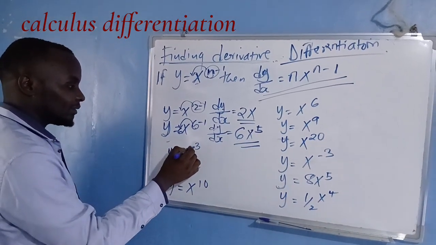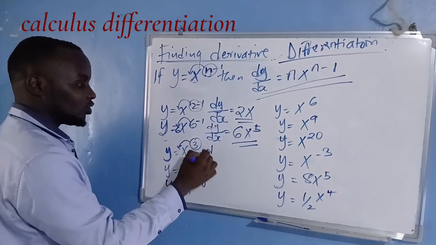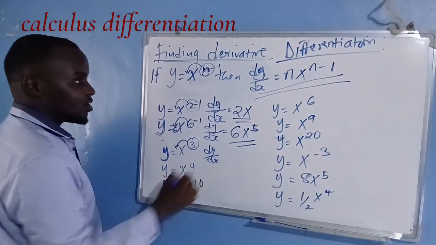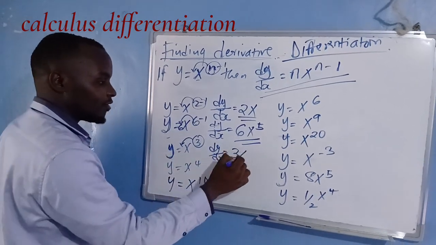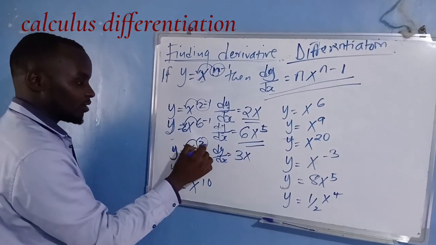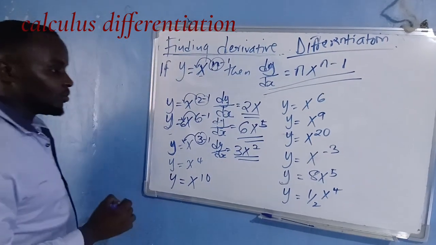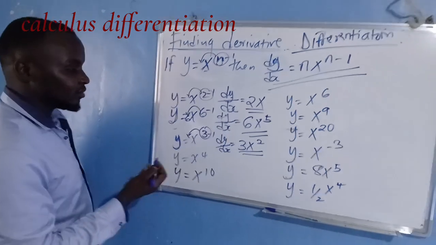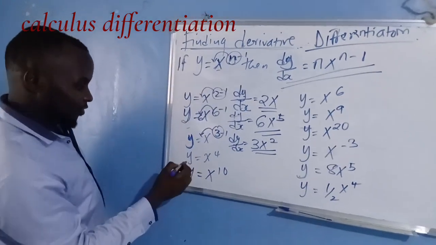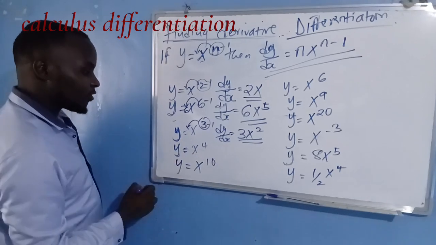You take the value of n, which is 3, you take it to the start. So your dy over dx, or the derivative, will be 3, then you have x, then 3 subtract 1, you will have 2. So that will be your derivative after you differentiate.